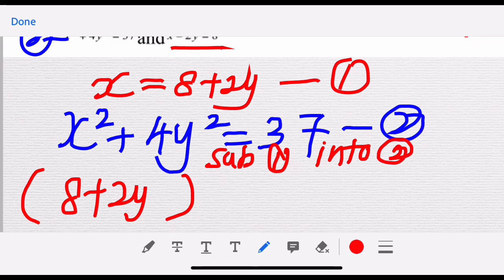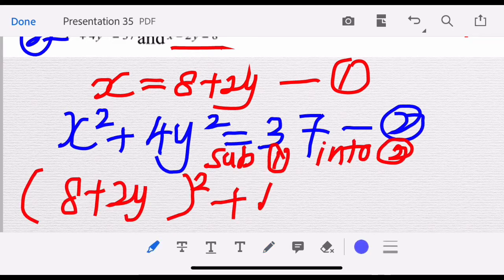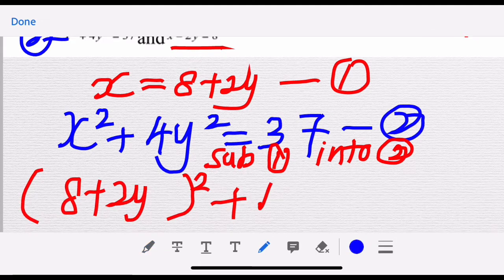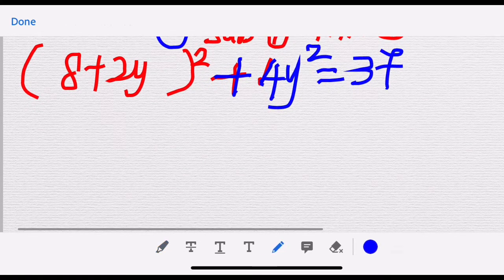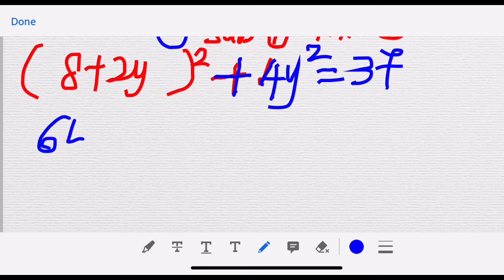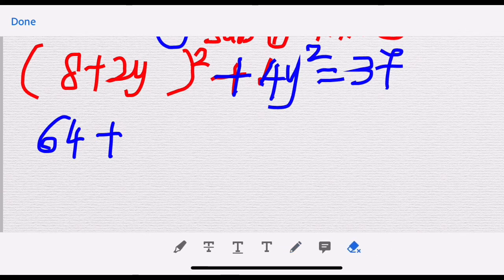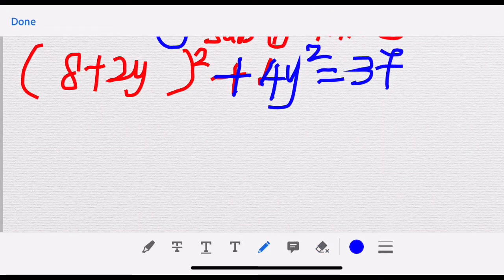So remember there is a square, plus 4y squared equal to 37. Let me use the blue pen for the original one. So let's expand carefully. It will be 64, right? I'm sure you have no problem with expansion. Some of you might expand like this, I know, because you are still new.